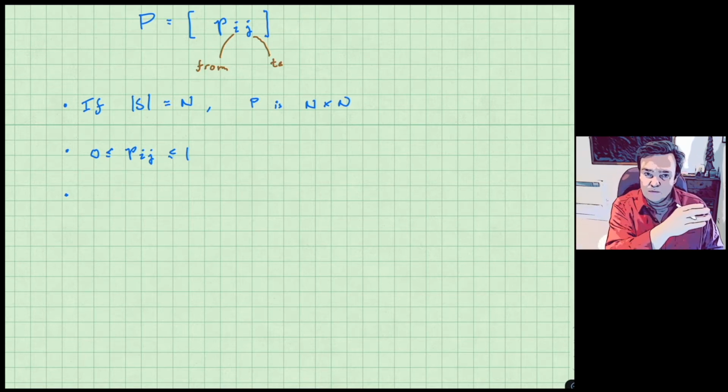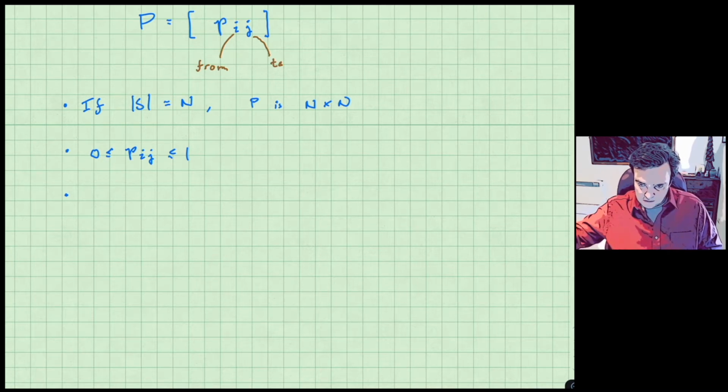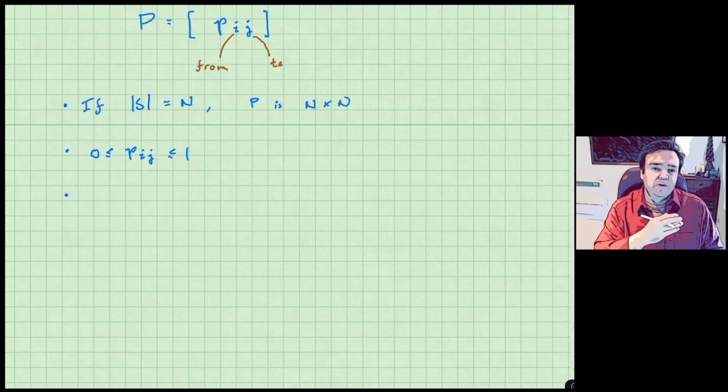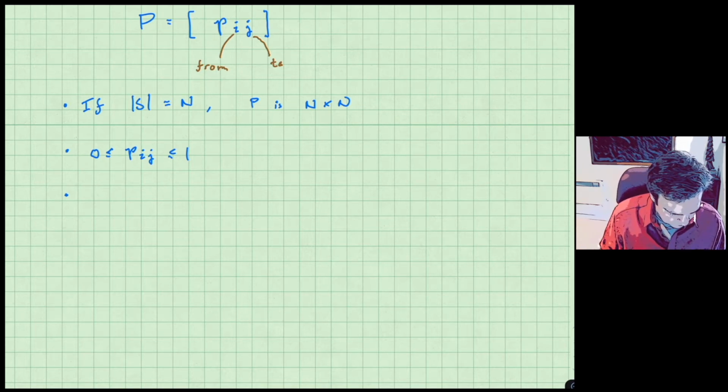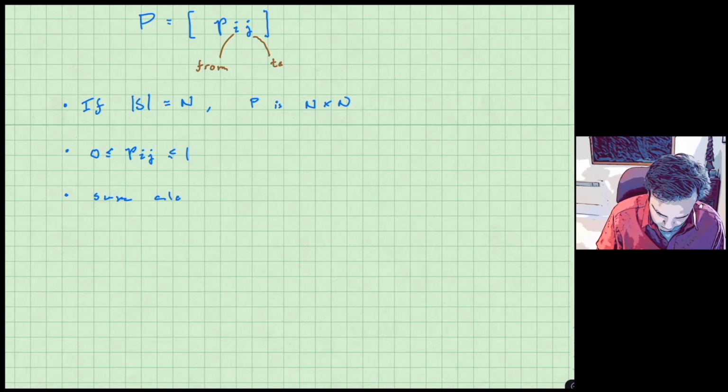You're looking at row 2 of the matrix. Everything in there is a probability for leaving state 2 and going somewhere else, right? So there's a restriction on what those things must add up to. If you sum down a row, the words get mixed up, so let's use math. Let's just say what we mean explicitly.